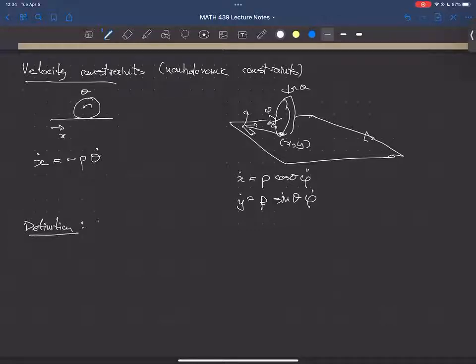All right, so let's work in the mechanical context, although there's really nothing necessarily mechanical about this, except when you're looking at examples.